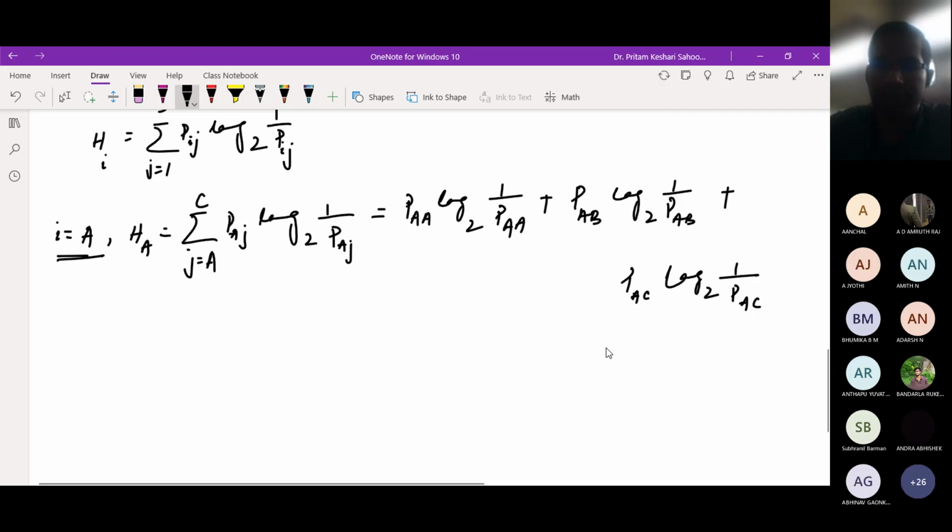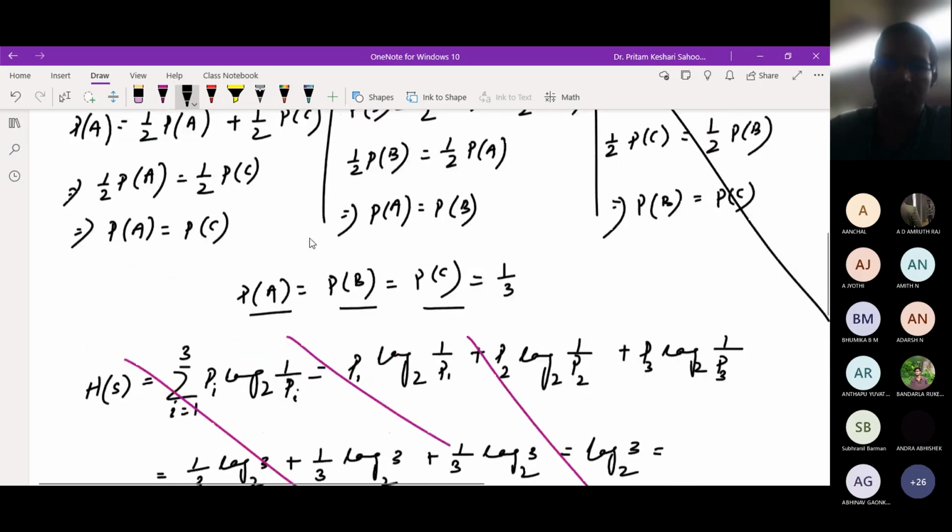So what is the meaning of probability of AA? It is the probability at which a state A is dependent on itself, or dependent on A. That means, what is the probability of self-dependency? That is the meaning of PAA.